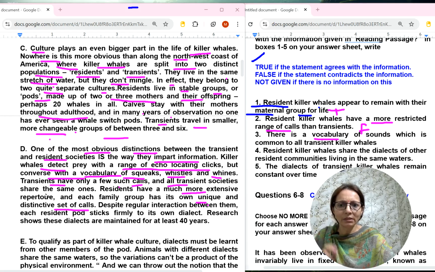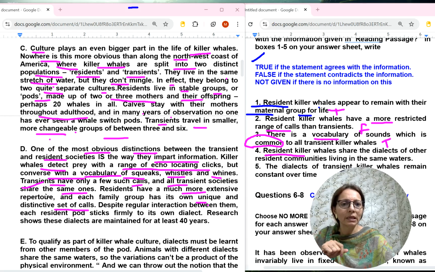Transients have only a few such calls and all transient societies share the same ones. So what they have given is common, the same ones. There is a vocabulary of sounds which is common to all transient killer whales. It is given with exactly the same meaning. So this is also a true answer.